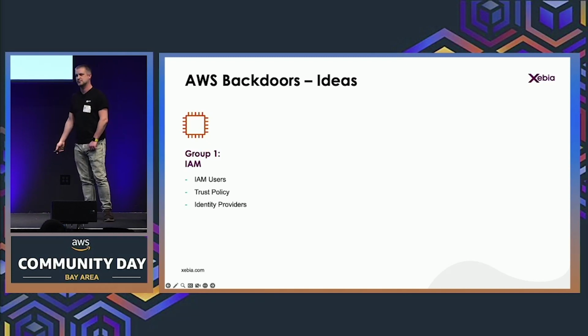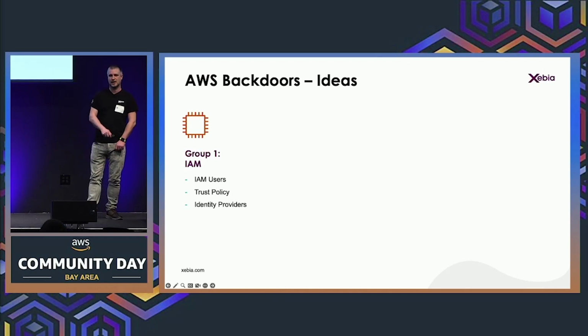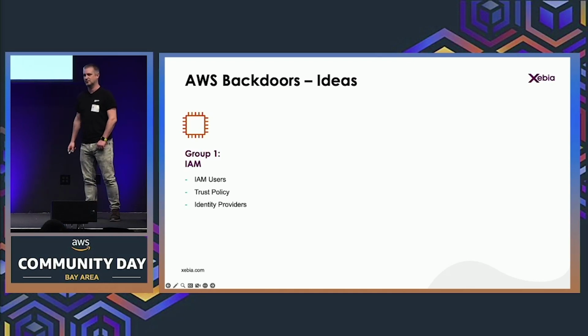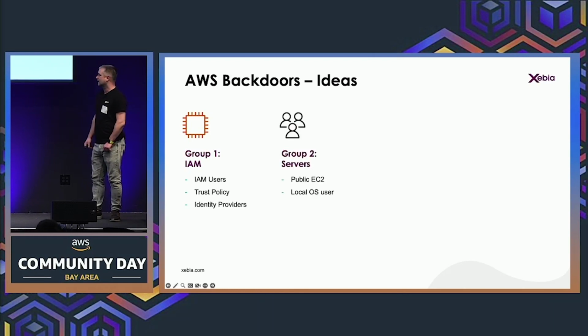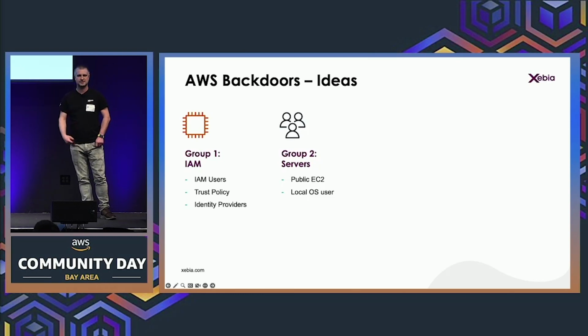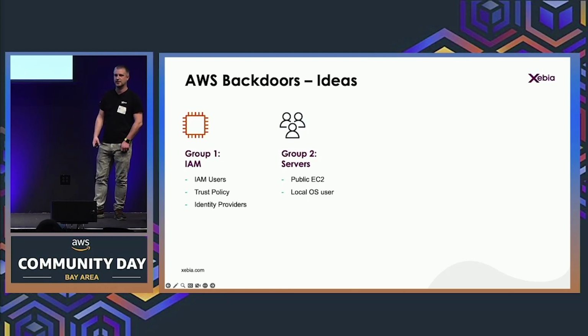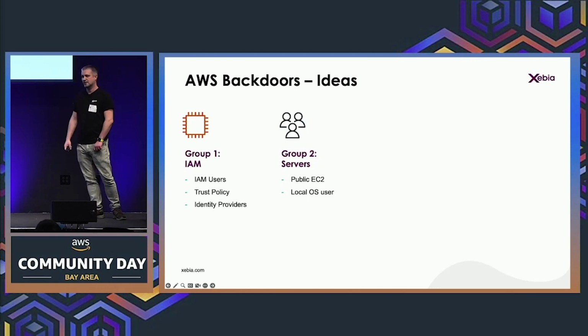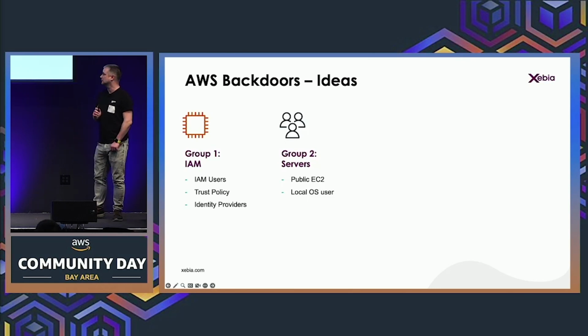You can modify the trust policy for roles, allowing other hacked accounts to access this role. Or you can create a new identity provider. Then you can exploit public EC2s by, for example, adding a rule to a security group, allowing you to SSH into that machine and maybe creating a local OS user that you can SSH into.